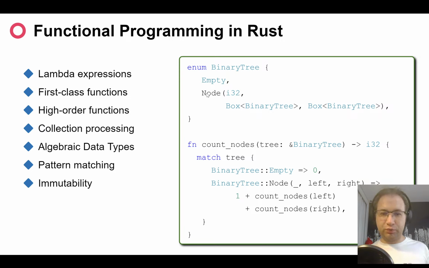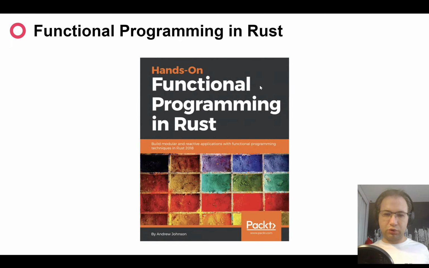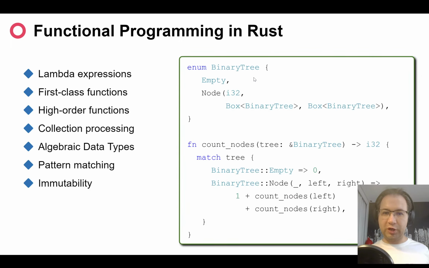Well, in Rust you can define them. You can have, for example, a binary tree data type that has only two value constructors here, Empty and Node. Empty denotes the tip, or maybe leaf if you want. And Node defines a value stored in the node and two branches.